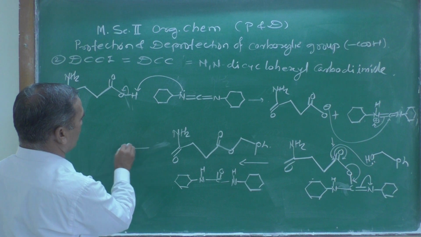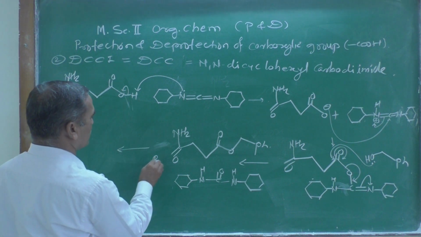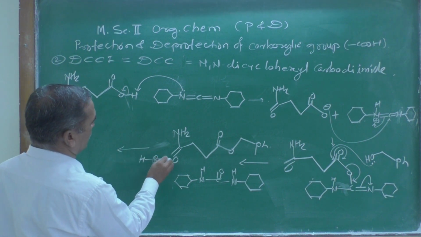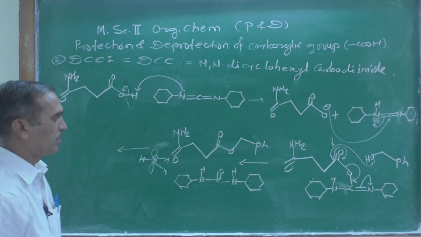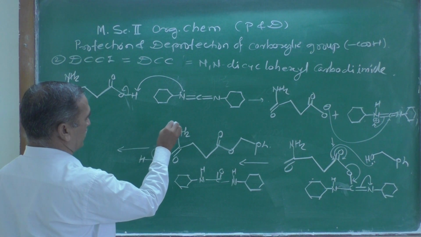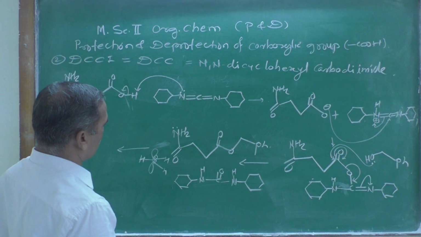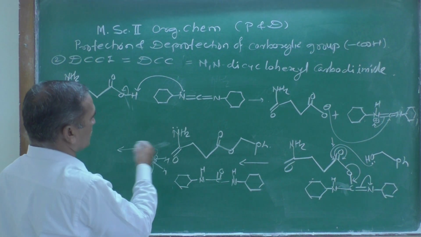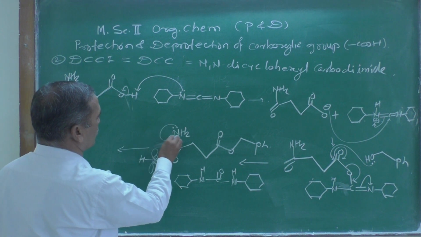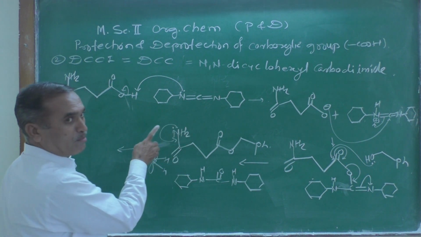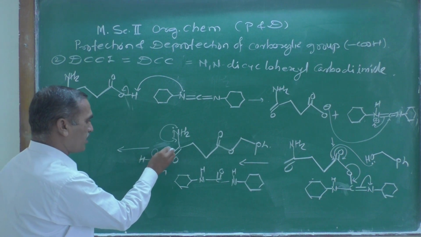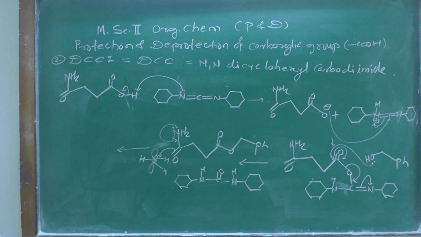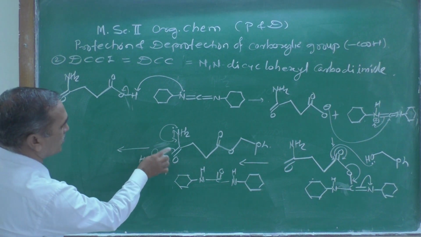Now we are treating with BH3, which has an empty p orbital. Now the lone pair which is present on the oxygen atom is going to move in this way, forming a bond between this nitrogen and this carbon atom, and this double bond is now attacking on this empty orbital.